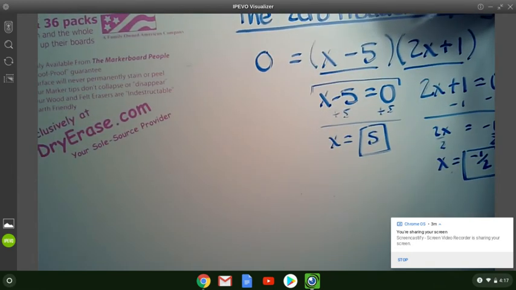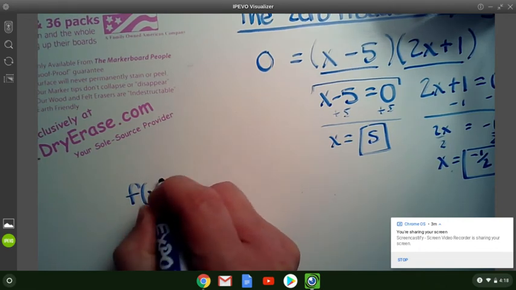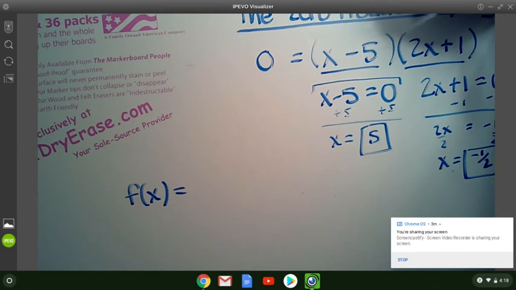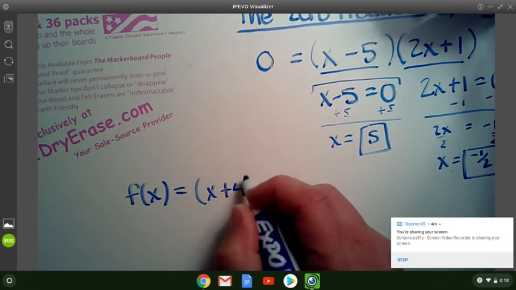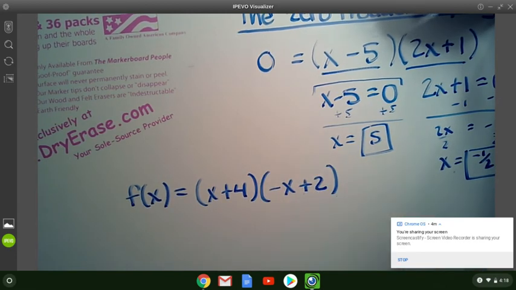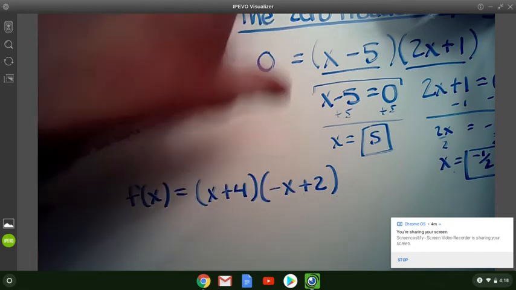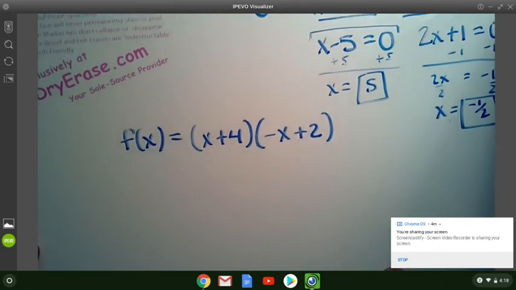And I'm going to change this a little bit. Instead of doing an equation, we're going to look at a function, f of x. Let's say f of x equals x plus 4 times negative x plus 2. And if they have a situation like this and they're asking us, find the zeros of the function.